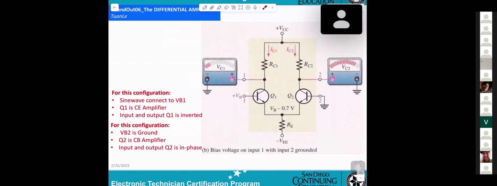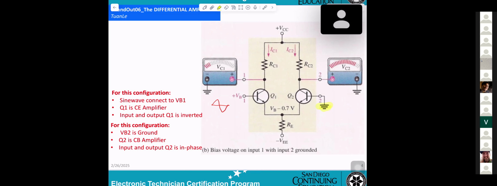Now, for this configuration, a sine wave is connected to VB1. That means you have a sine wave connected to VB1, and they route it for input 2.